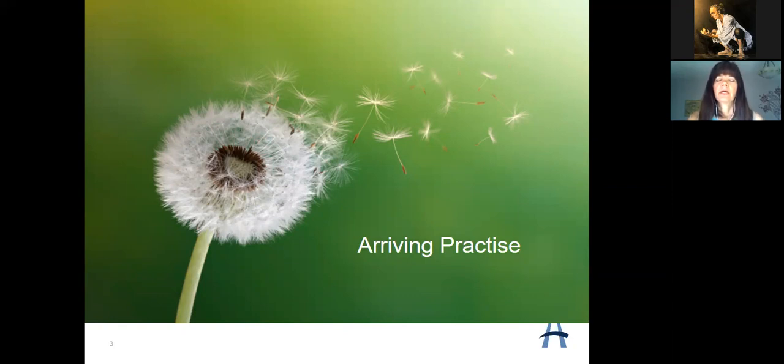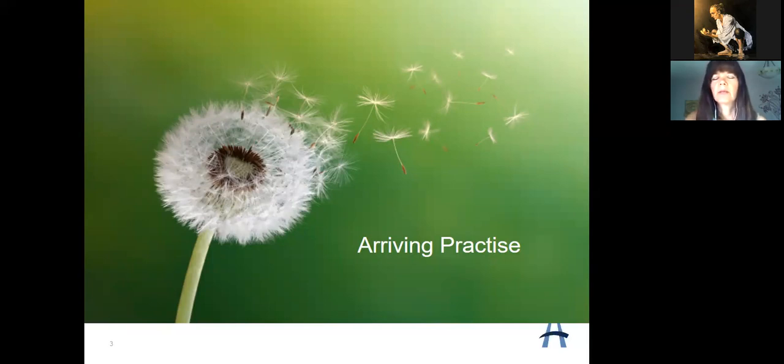So simply allowing yourself to rest in the rhythm of your own breath. And as you do so, you may also wish to turn your attention to your body. Perhaps scanning through the body, noticing the places of tightness, tension, stillness.